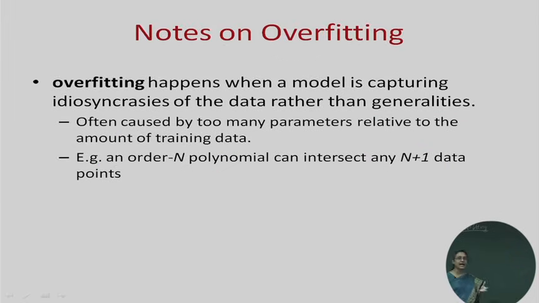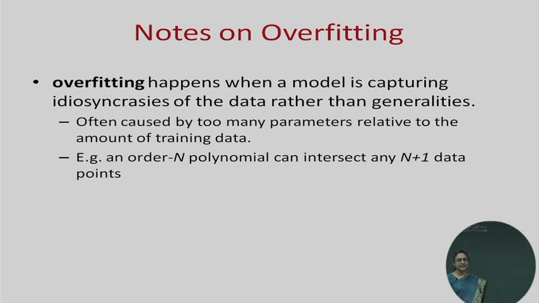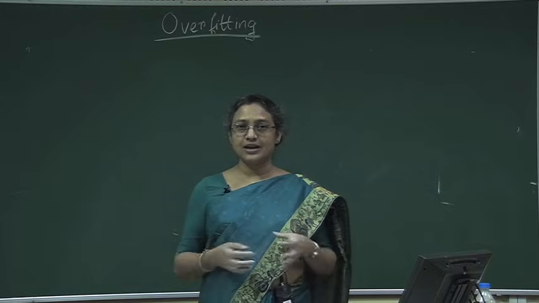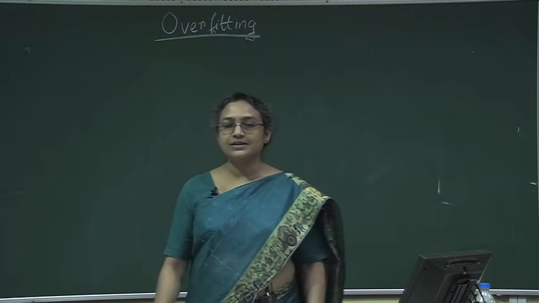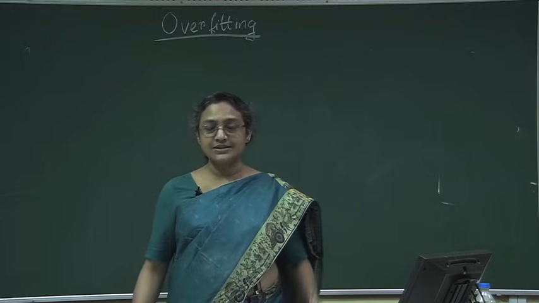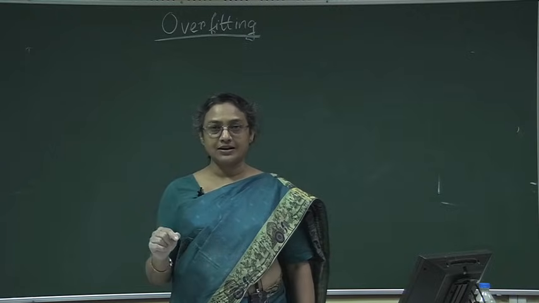So, overfitting is happening when a model captures the idiosyncrasies of the data rather than the generalities in the data. If you have too many parameters, if you have too many nodes in the decision tree, overfitting can occur. For example, we discussed regression in an earlier class. If you have linear regression, you have few parameters, beta 0, beta 1, beta 2.